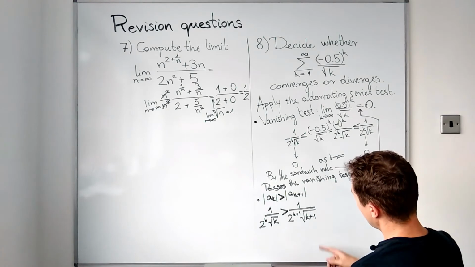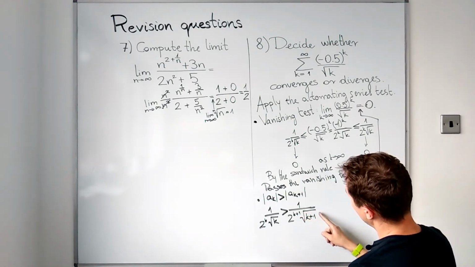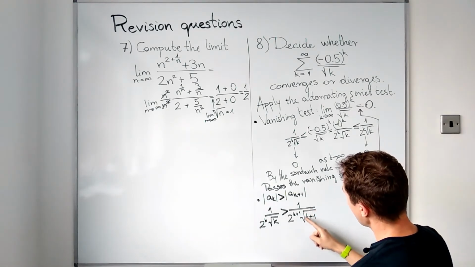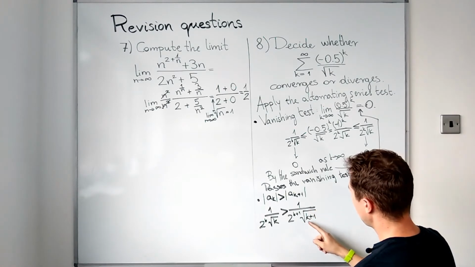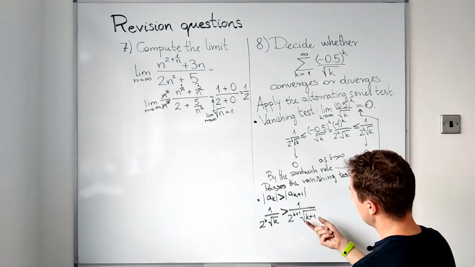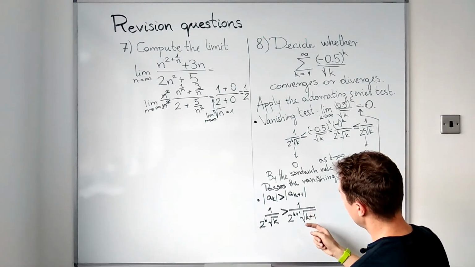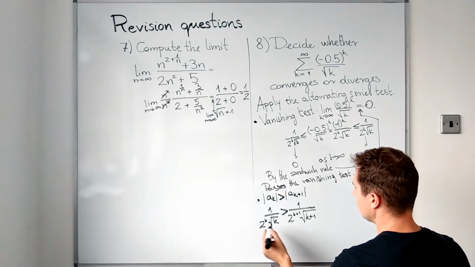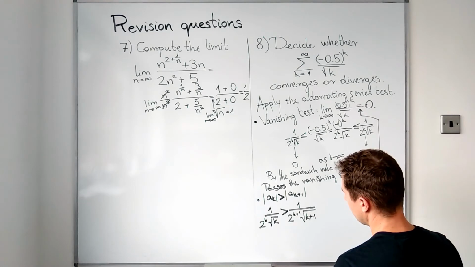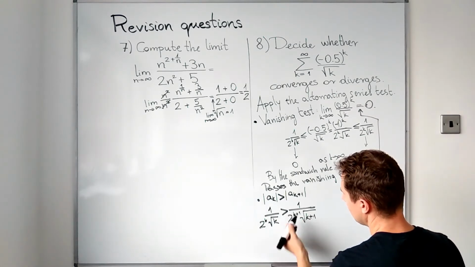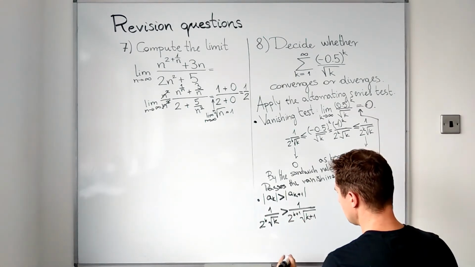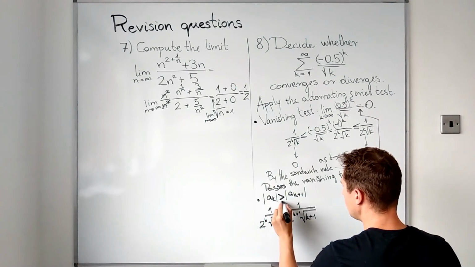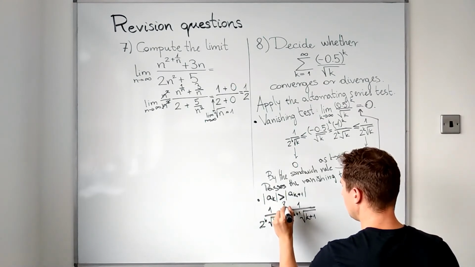Now, if I take, instead of the root of k plus 1, the root of k, I'm getting a smaller number in the denominator, but the opposite is also true on the other side, so we have to rearrange this claimed inequality, as we don't know if this is true at the moment.